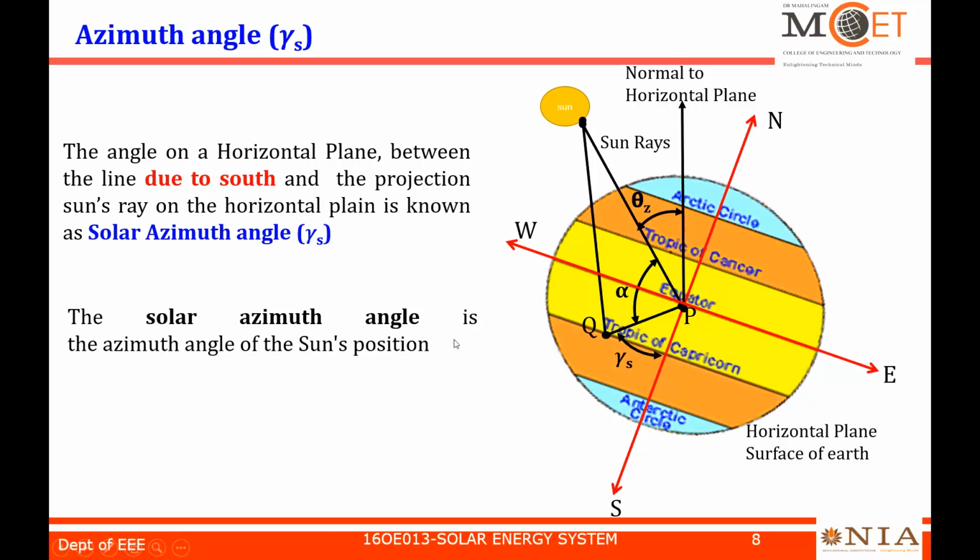The solar azimuth angle is measured with reference to the south position, while zenith angle is measured with reference to the north position. So azimuth angle and zenith angle are similar with reference to the measurements.